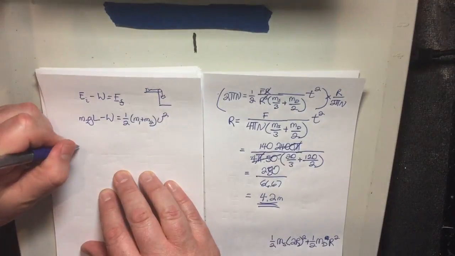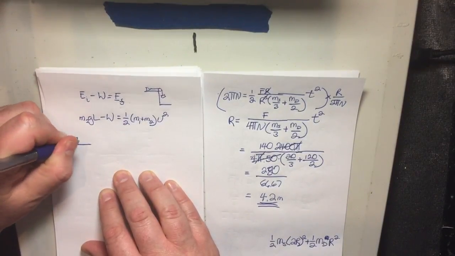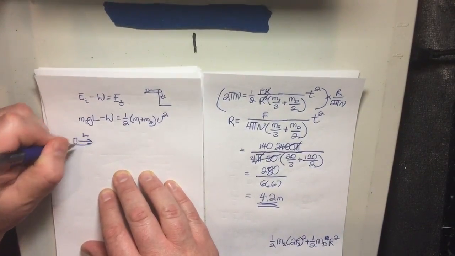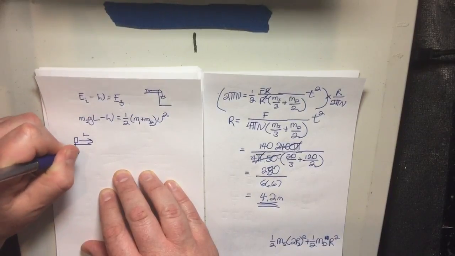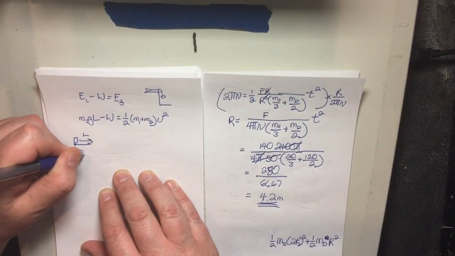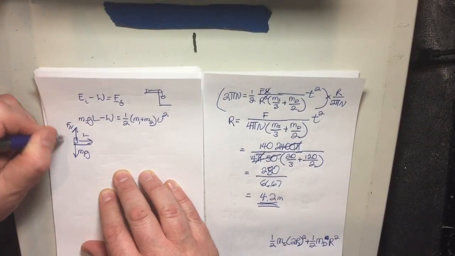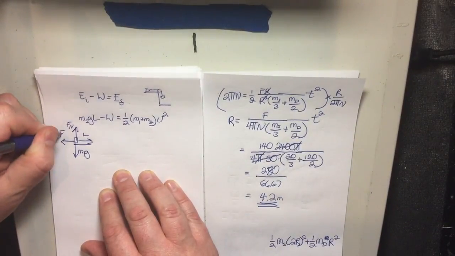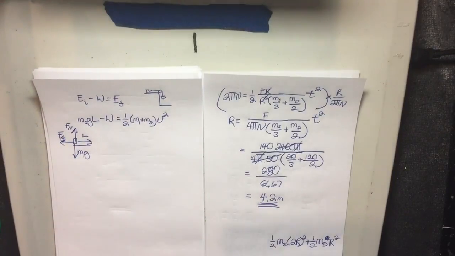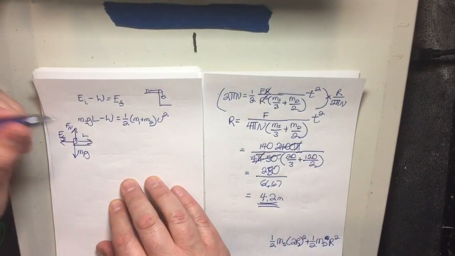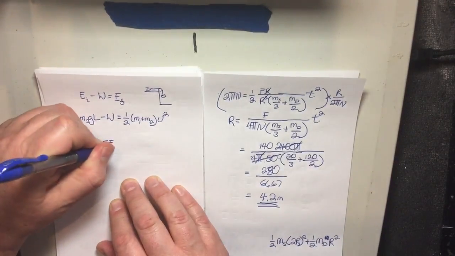Now getting back to, let's go through all the motions that this thing has. M1G, normal force, friction force. Sum of the forces vertically is equal to 0.